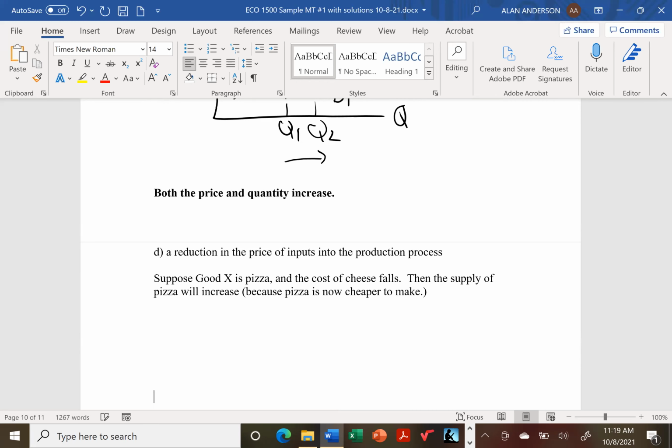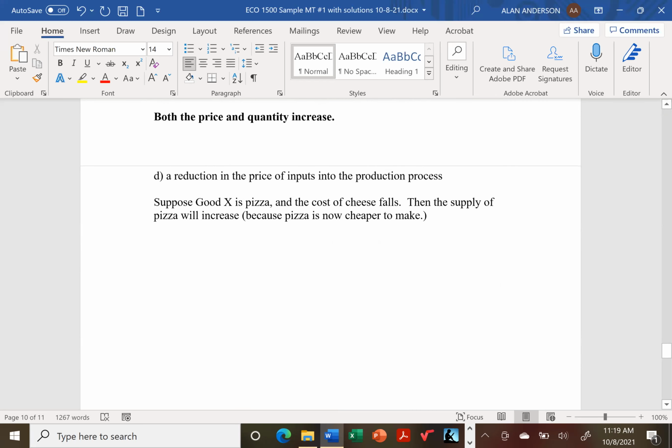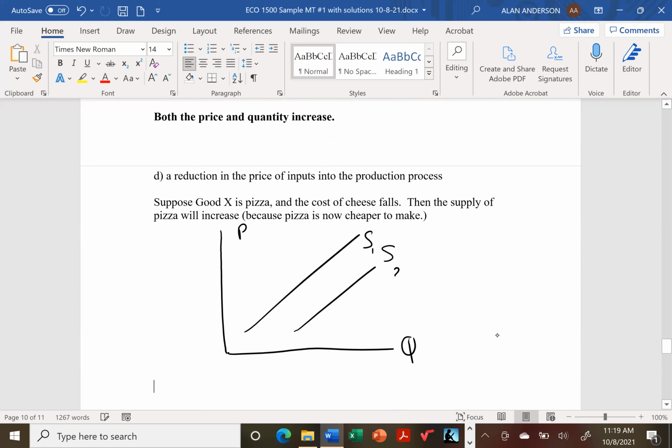All right, so let's see how that looks. Okay, so we have an increase in supply due to the lower cost of production.